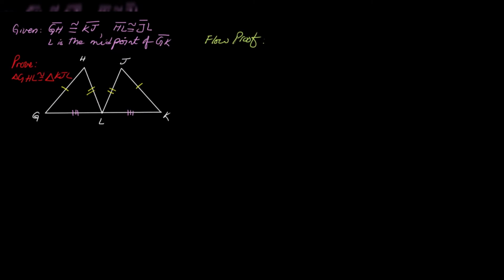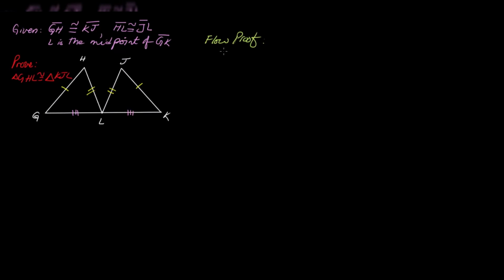So now we are asked to prove triangle GHL is congruent to triangle KJL. And that's easy, right? Because we have side-side-side triangle congruence postulate, which states that if three sides of one triangle are congruent to three sides of a second triangle, then the triangles are congruent. So it's a pretty easy proof, and you can write this as a flow proof.